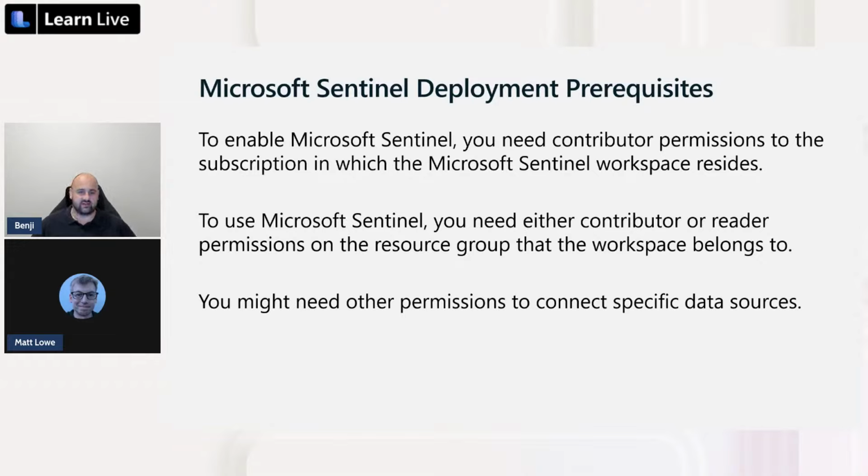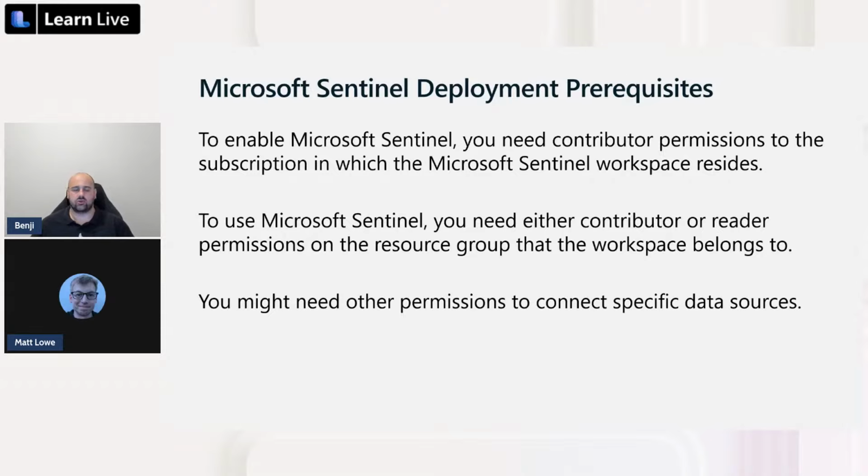To use Microsoft Sentinel, you will need either contributor or reader permissions on the resource group that the workspace belongs to. Matt went into detail about what kind of permissions you will need. But when you are enabling data connectors, you might need other permissions to connect to specific data sources.